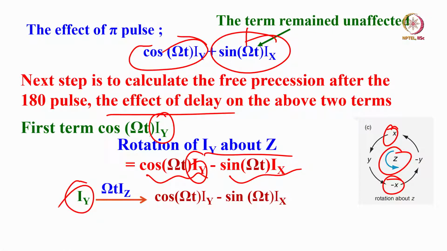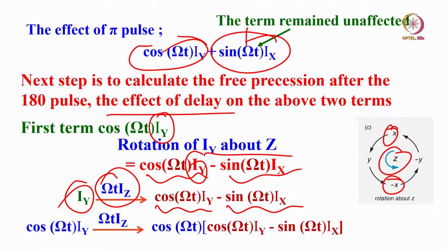Iy, when it is rotated during free precession about the z axis by omega t, where omega is the offset and t is the time, you are going to get cos omega t into Iy minus sin omega t into Ix. This is the first term. All we did is rotate Iy about z axis.